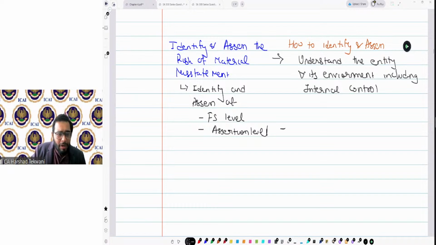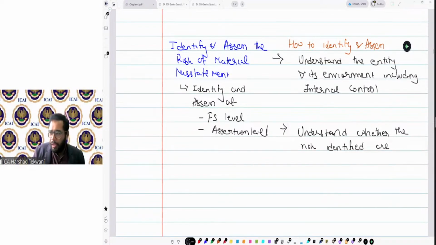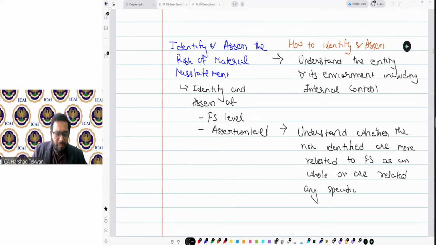Then it says understand whether the identified risks are more pervasive to the financial statement as a whole or are related to any specific assertion.